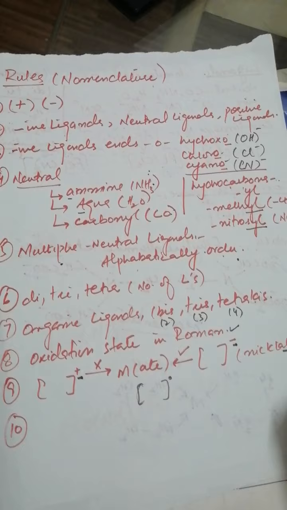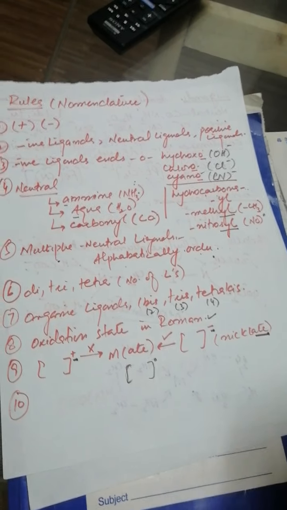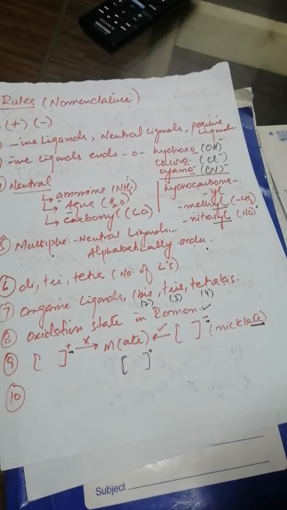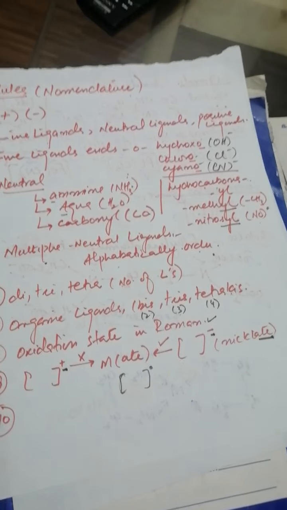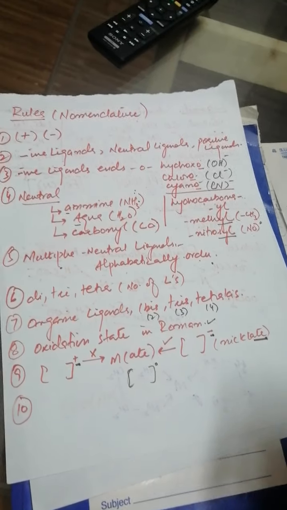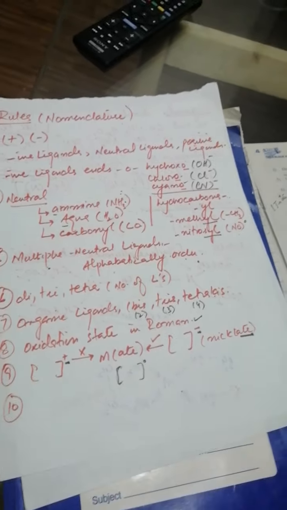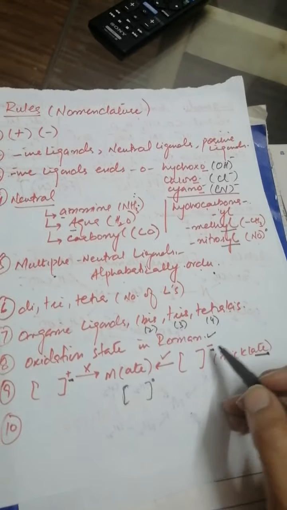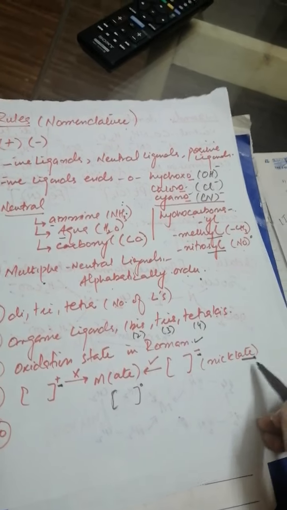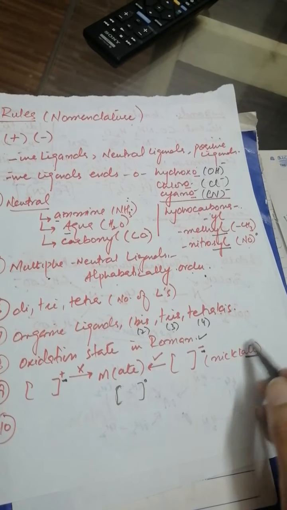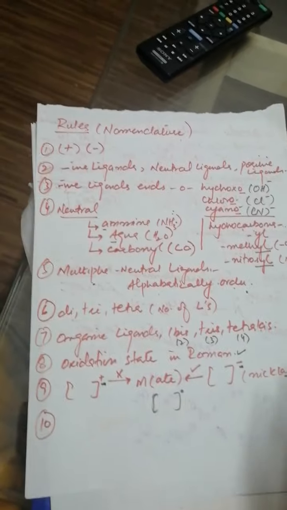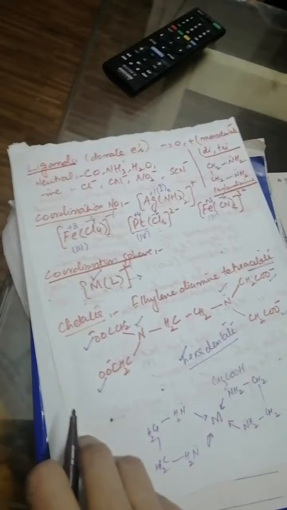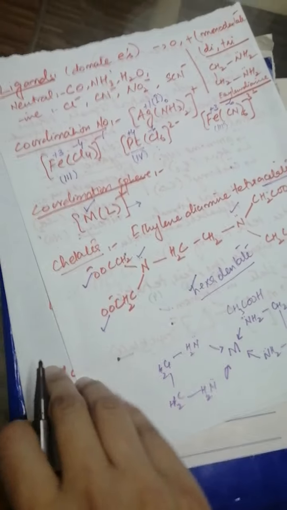It's nickelate, or molybdate, or cobaltate, right? Otherwise we just say cobalt, platinum, the normal ending. But if we have an overall negative charge on our coordination sphere, then you need to name the metal with the ending of ATE, right? These are the rules. We need to do certain practice to explain further.